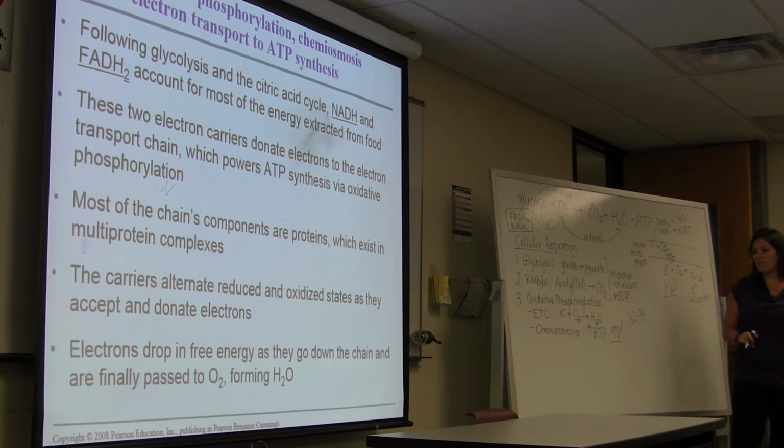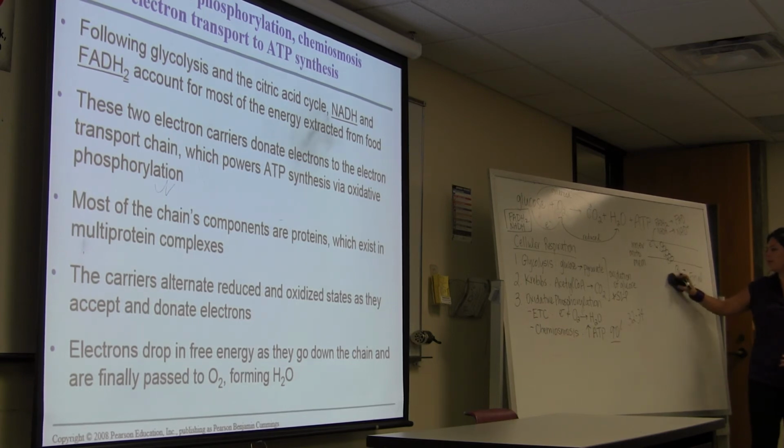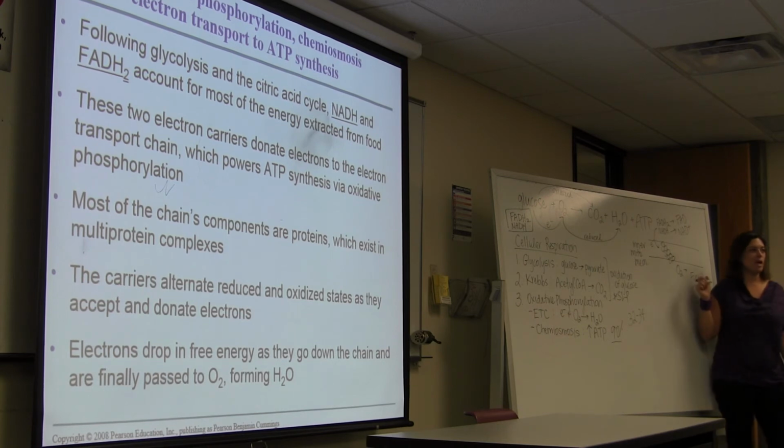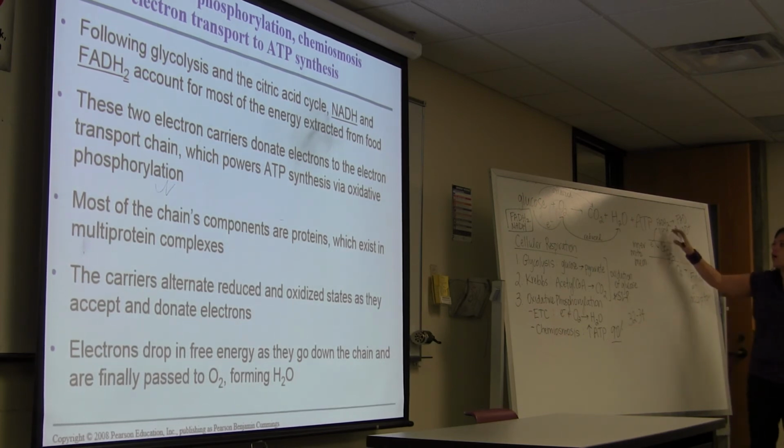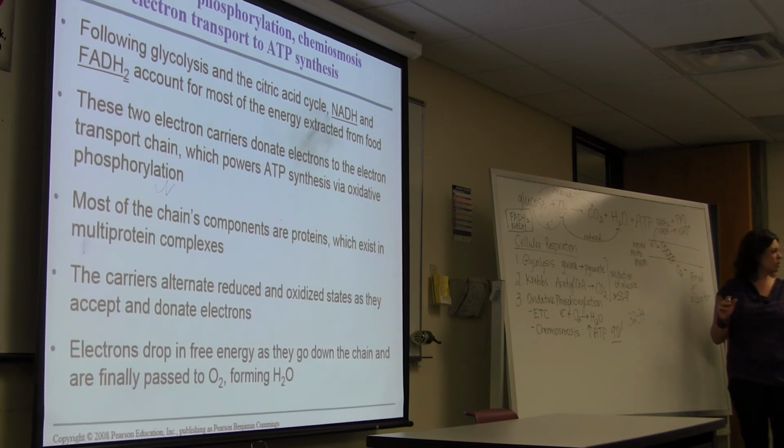So the next step, before we move on, one thing I should mention is this oxygen that's down here. Remember what we said about oxygen? Electronegative, right? And so this whole process of the electron transport chain is going to be an exergonic process.